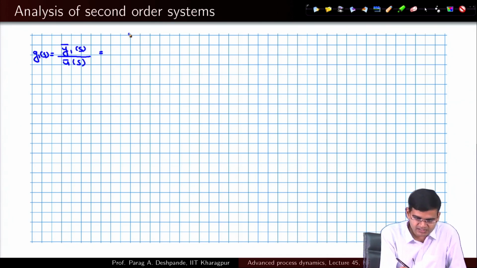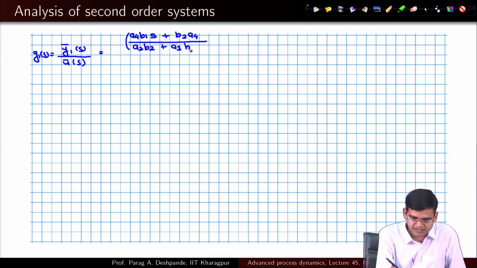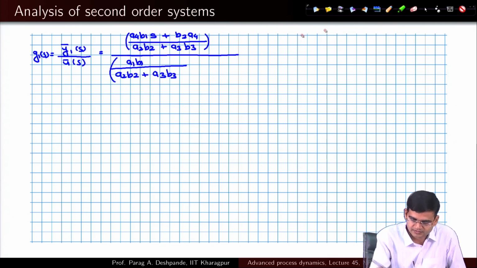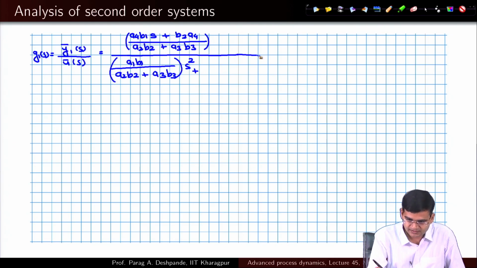This is equal to A4 B1 S plus B2 A4, upon A2 B2 plus A3 B3, divided by A1 B1 upon A2 B2 plus A3 B3 S squared plus A1 B2 plus A2 B1 upon A2 B2 plus A3 B3 S plus 1, right.